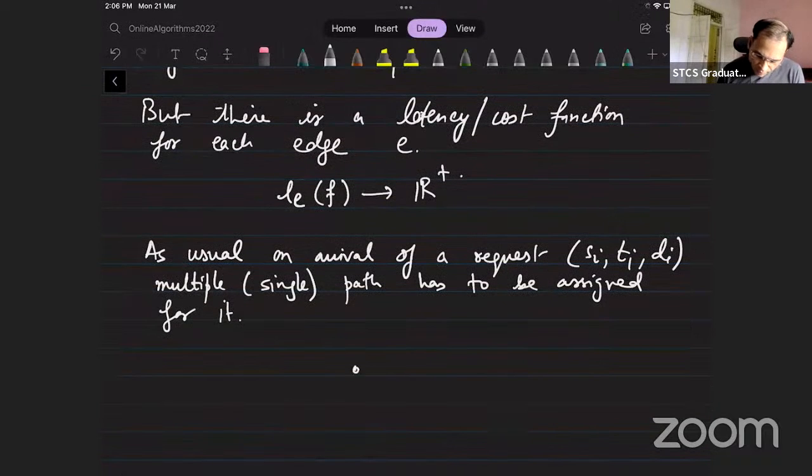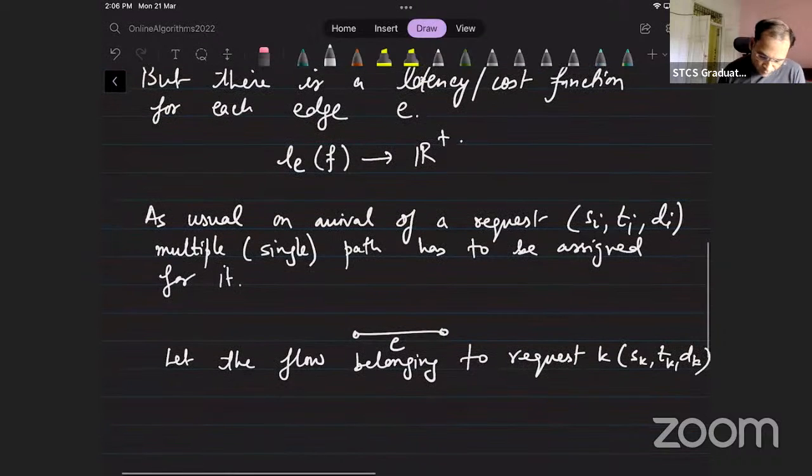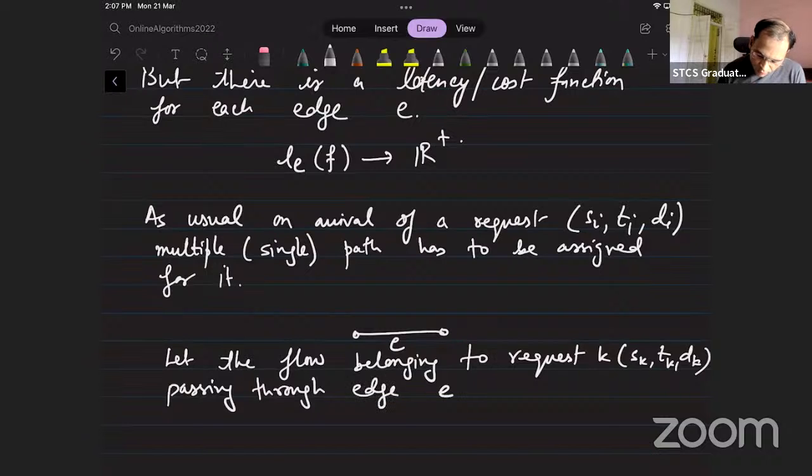Now let's look at a particular edge e, and let the flow belonging to request k, which is nothing but (Sk, Tk, Dk), passing through edge e be f.